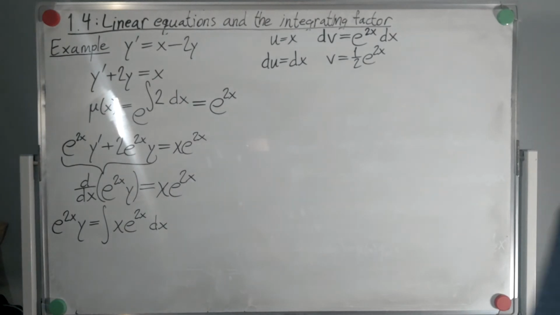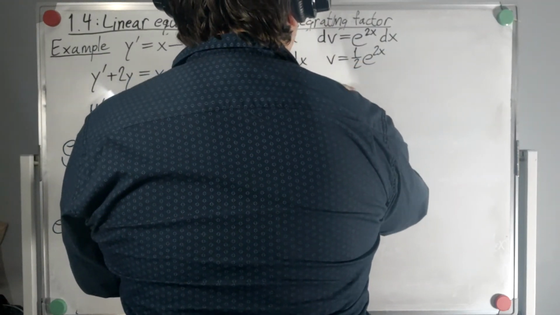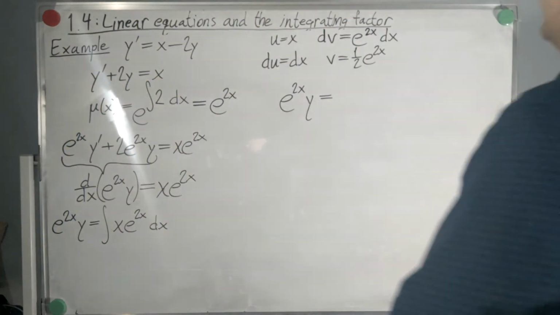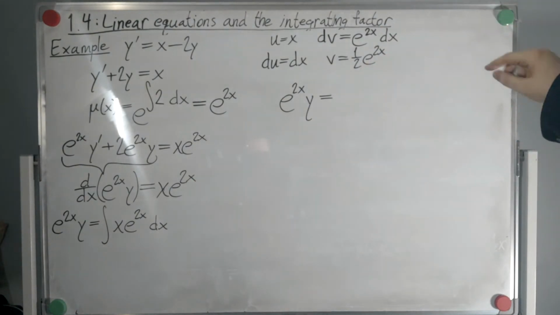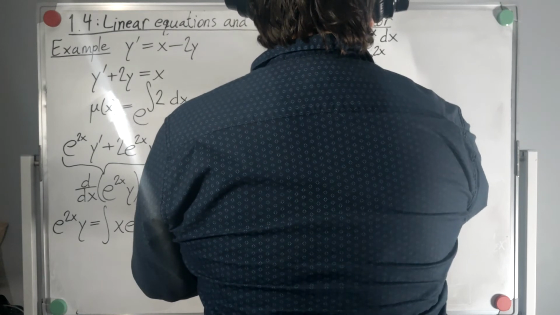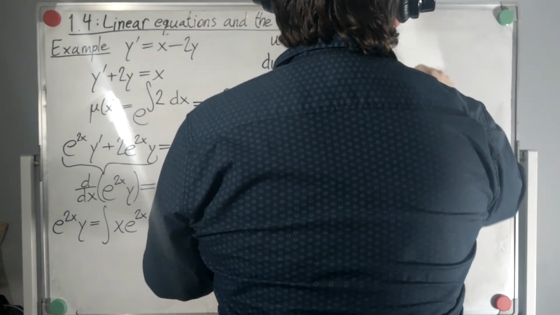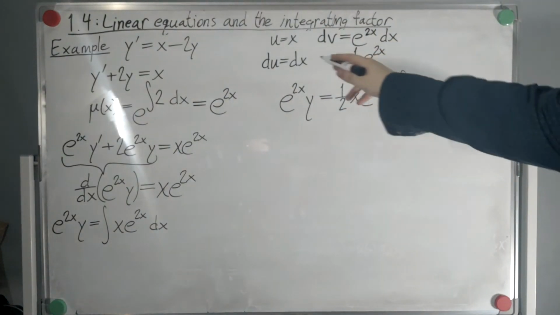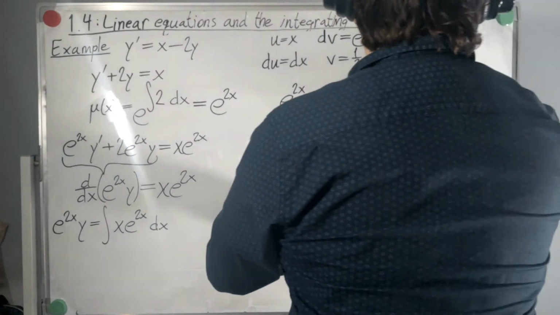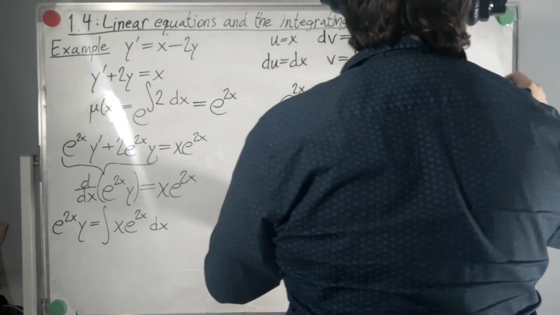So the right-hand side, we have e to the 2x y on the left-hand side. The right-hand side turns into uv minus the integral of v du. So we have 1/2 x e to the 2x minus the integral of v du, which is going to be 1/2 e to the 2x dx.